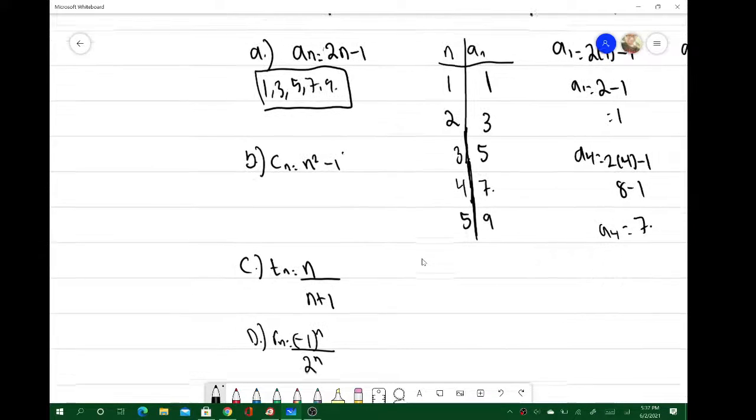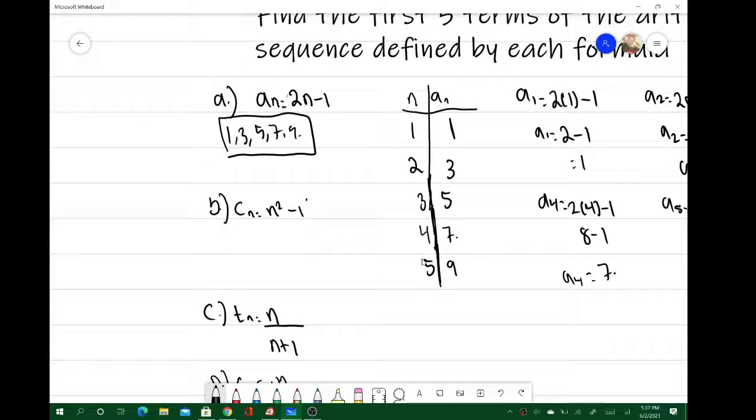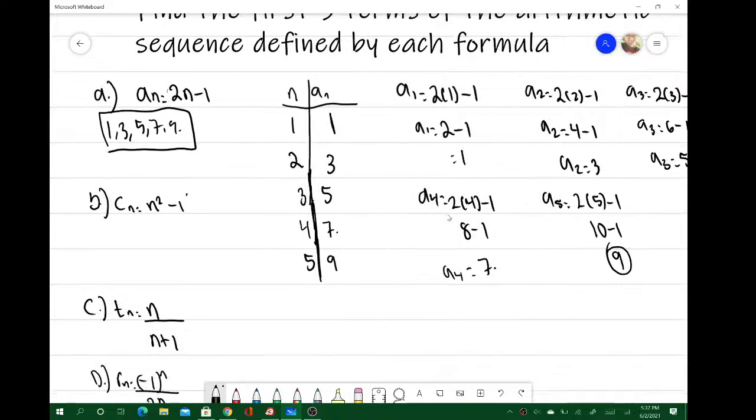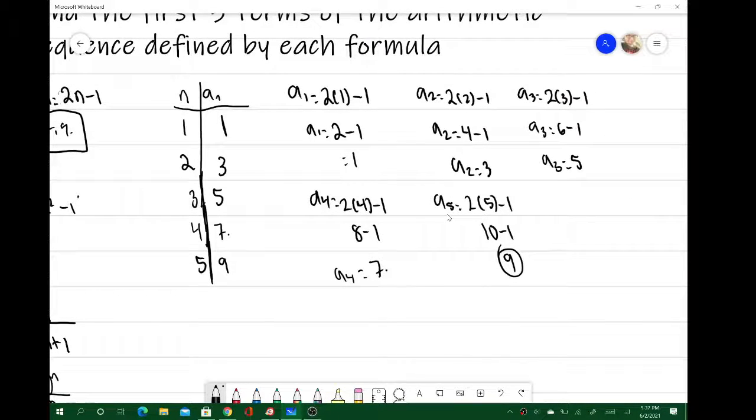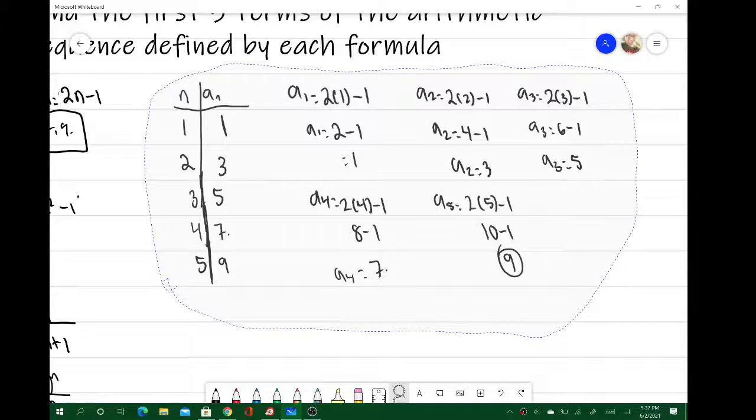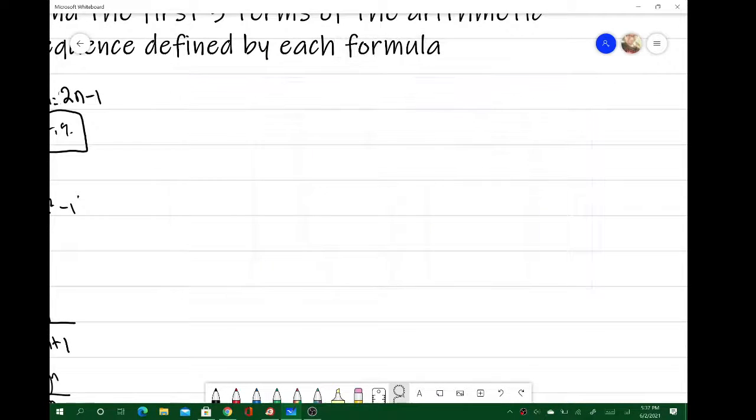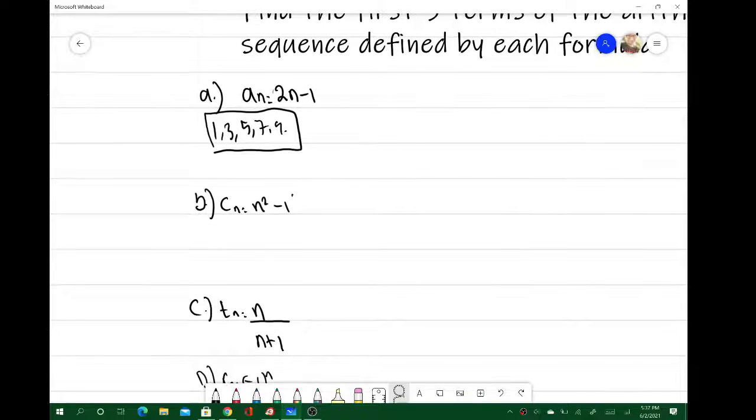Now for part B, you do the same exact thing, except this time we have a different formula. So for part B, c sub n is equal to n squared minus 1. So you're going to do from a sub 1 to a sub 5.